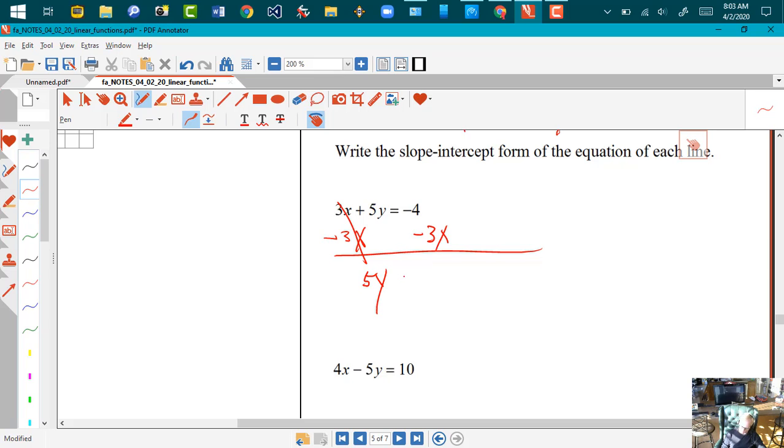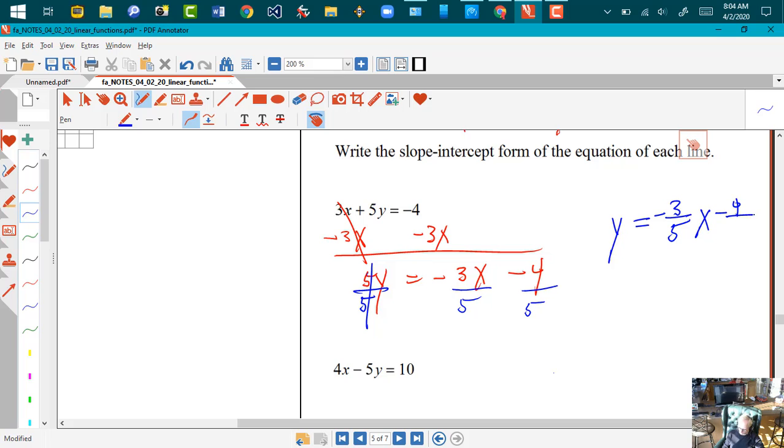So that's going to give me 5y equals negative 3x minus 4. And then lastly, I'm going to divide by the coefficient. Now, when you divide by the coefficient, you have to divide both the x term and the constant as well. So the 5's cross out. I get y equals negative 3/5 x minus 4/5.